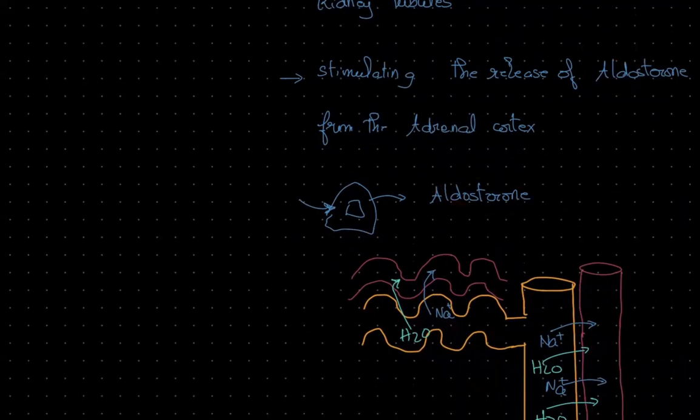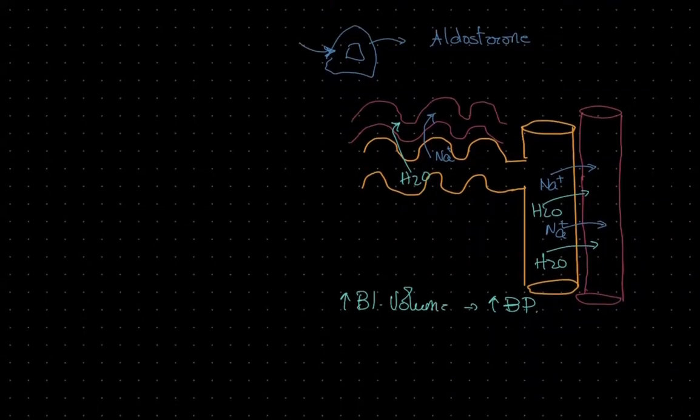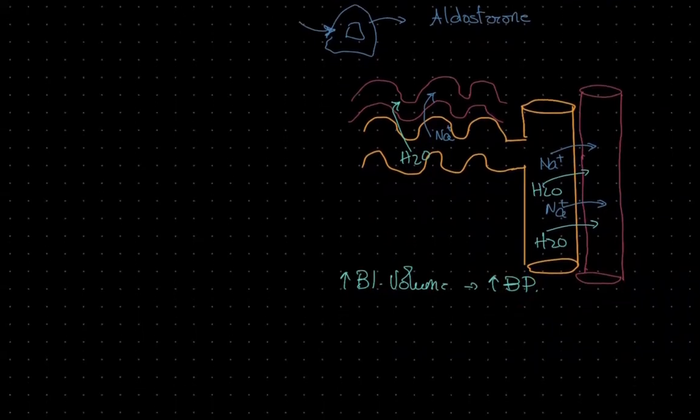Aldosterone, when released, is going to help me get the sodium back from the kidney tubules to the blood. And as I move the sodium, water will follow by osmosis. So as I get the sodium back to my blood, this will increase my blood volume back to normal, and so my blood pressure goes back up to normal.